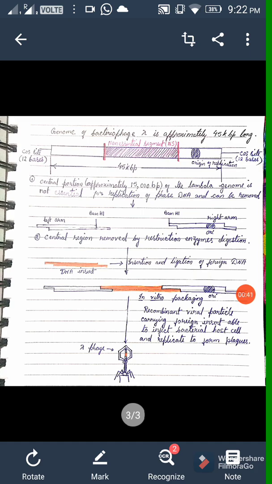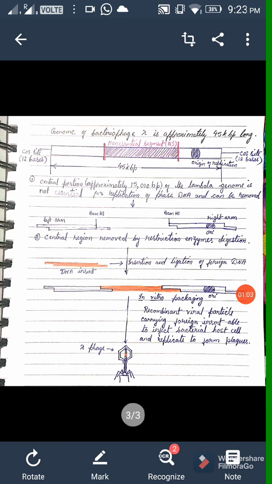Suppose this is the portion responsible for lysogeny. Now this lysogeny portion can be removed. It won't cause any harm to the virus. The virus can still live, and it can continue to reproduce through the lytic phase. So this non-essential segment can be removed.